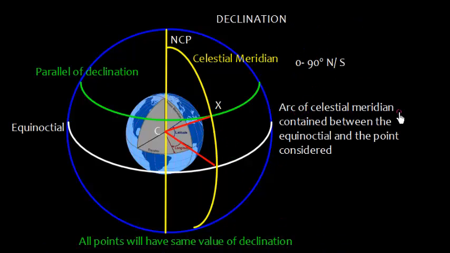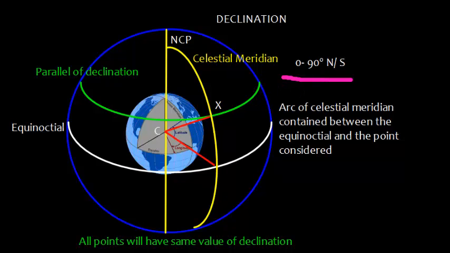The arc of the celestial meridian is contained between the equinoctial and the point considered, and this declination is named 0 to 90 degrees north or 0 to 90 degrees south, similar to latitude.